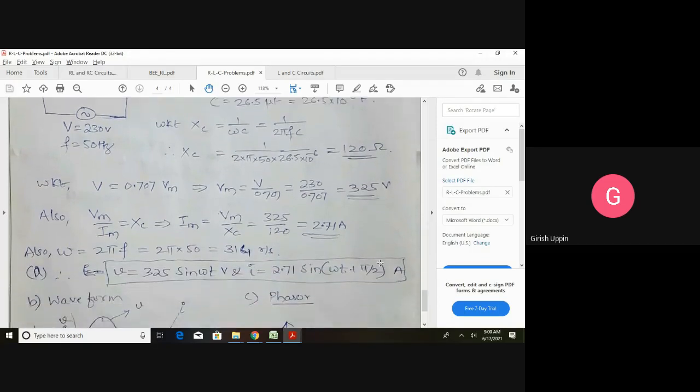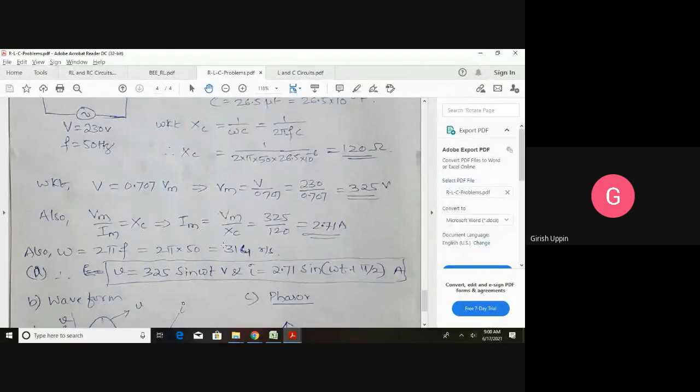Then we know Vm by Im is equal to XC. Always remember, I am repeating many times, capital V by capital I is the opposition of the circuit. If it is a resistance, then it is R. If it is an inductance, this is XL. If it is a capacitance, XC. So Vm by Im is equal to XC.